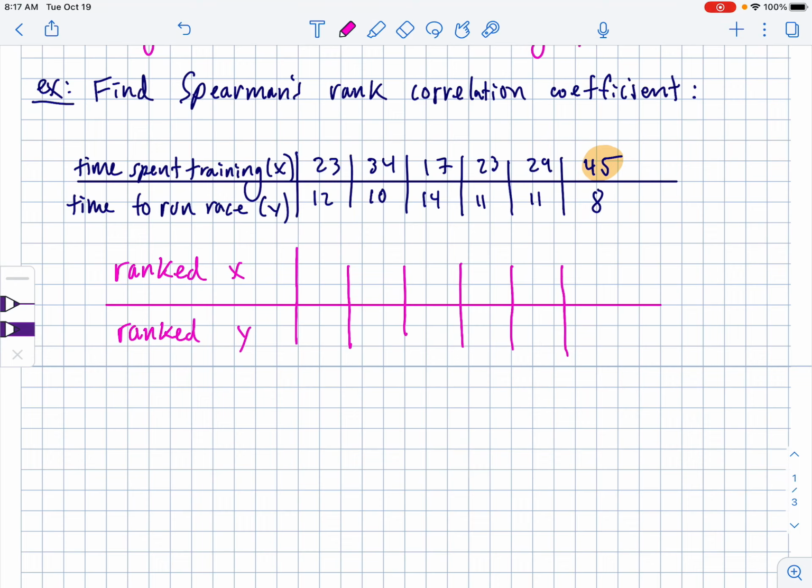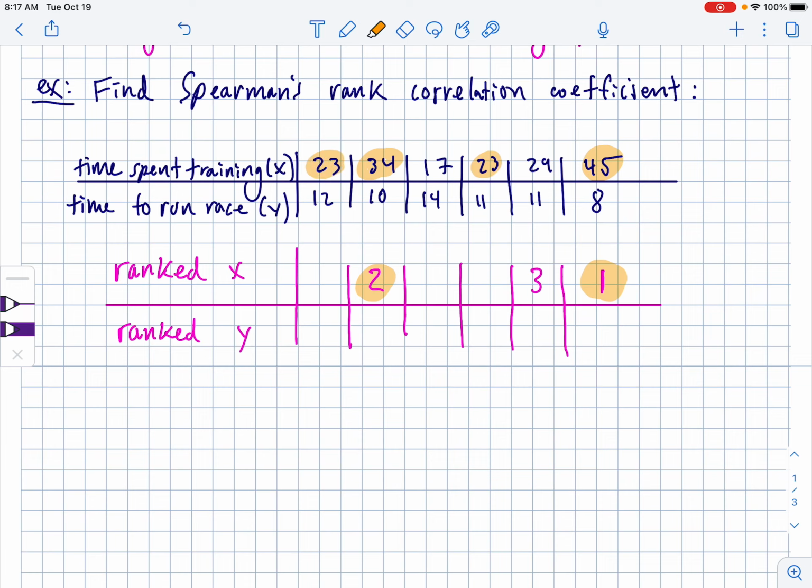Correlated, get it? 45 is the number one top value, so right in this spot you put the number 1, because it's the first rank. Then the next biggest value is 34, so in this spot we put the number 2. Then I think 29 is number 3.